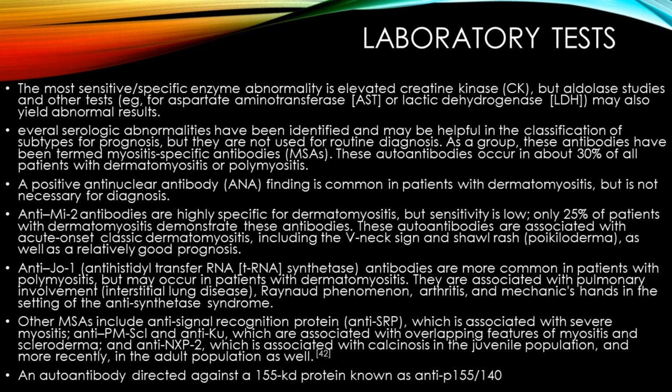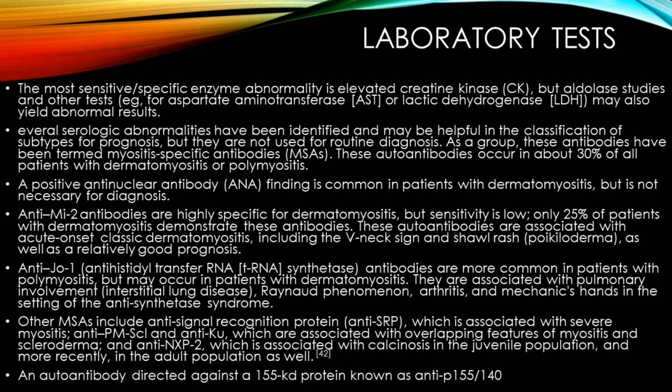Anti-Jo1 antibodies are common in patients with polymyositis but may occur in patients with dermatomyositis. They are associated with pulmonary involvement, interstitial lung disease, Raynaud phenomenon, arthritis, and mechanic's hands in the setting of the anti-synthetase syndrome.